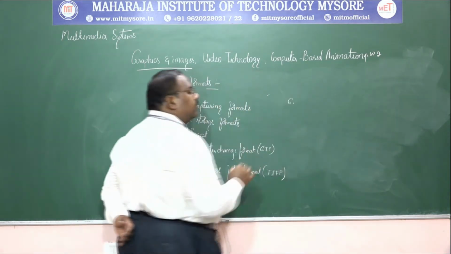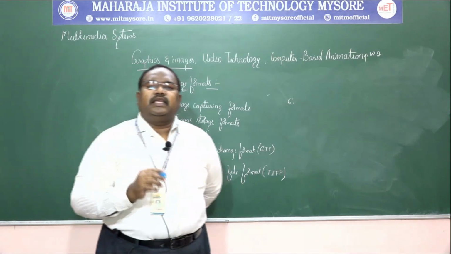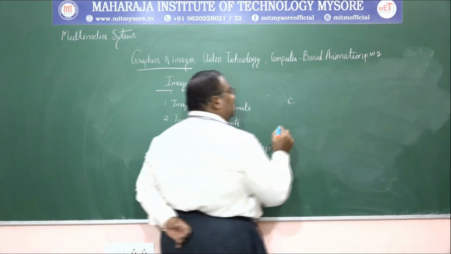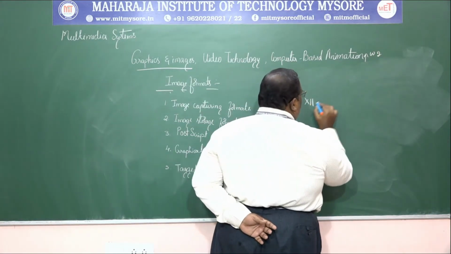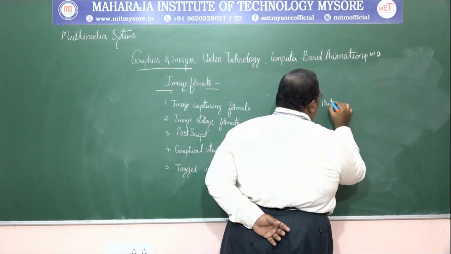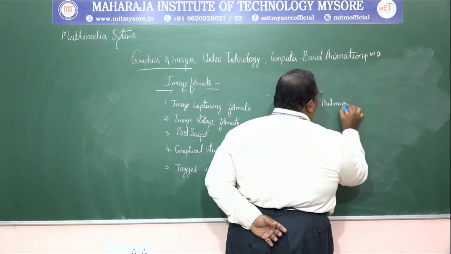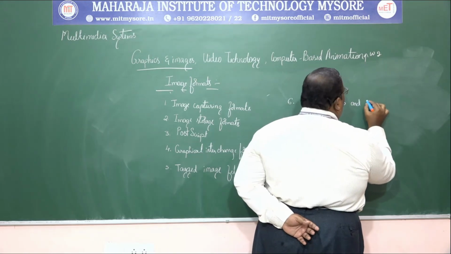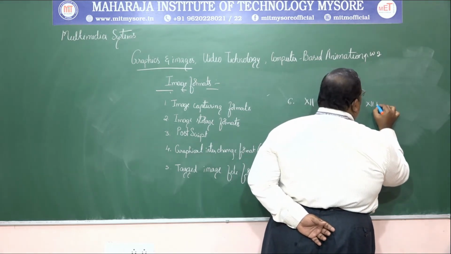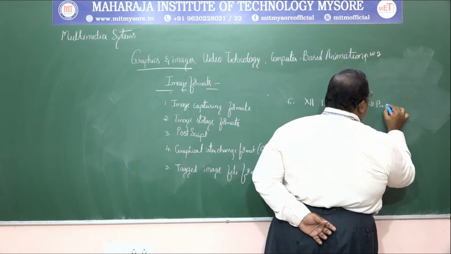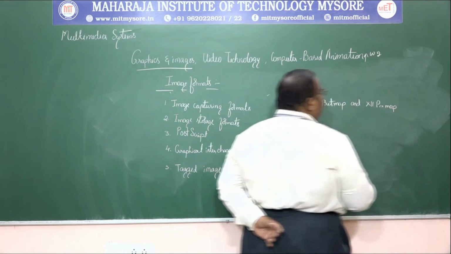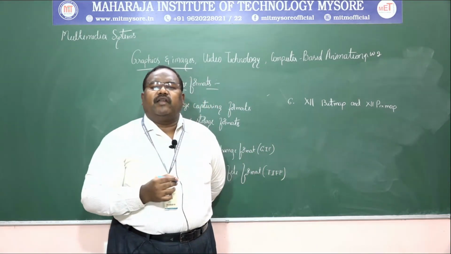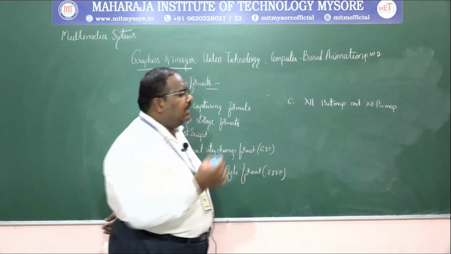The sixth one is called X11 bitmap and X11 pixmap. So these are the two combinations where we represent it as XBM and XPM.